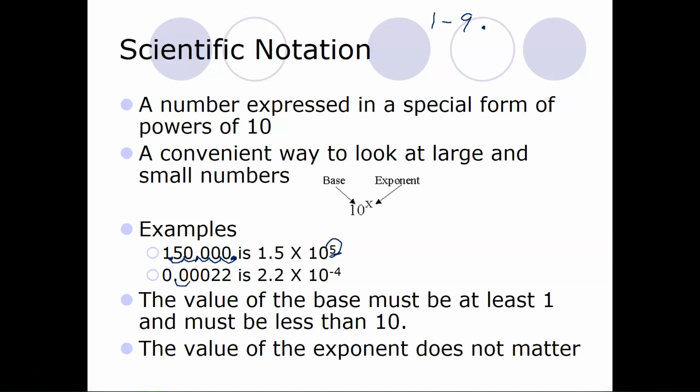So I move it 1, 2, 3. I still don't have a number in front of that decimal. I move it one more place, and now I do. So how many times did I move it? Well, that's 10 to the negative 4 since I moved it behind the decimal. And my number is 2.2 because that's where my numbers ended up stopping.